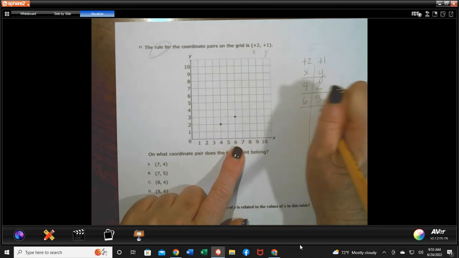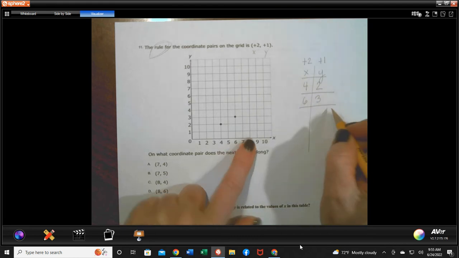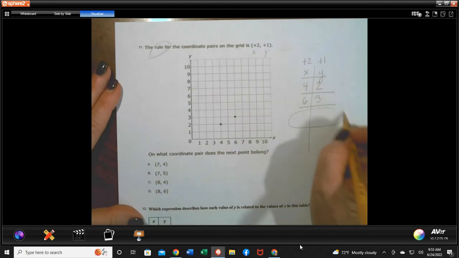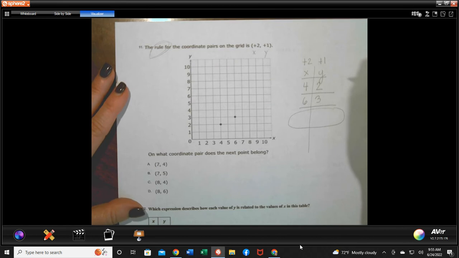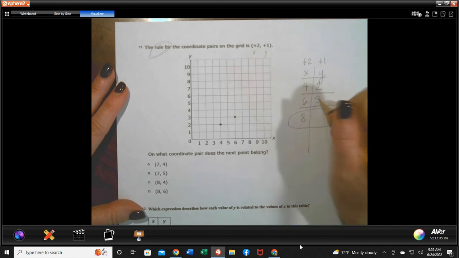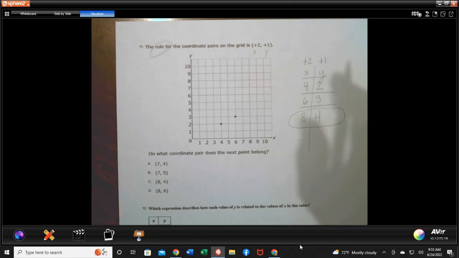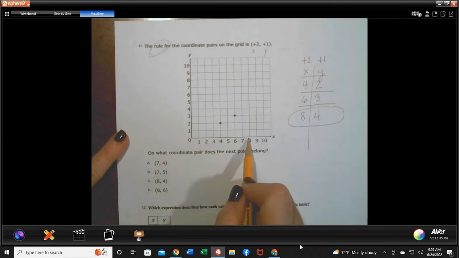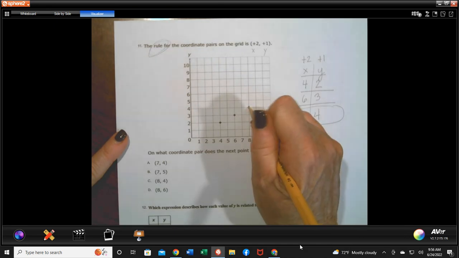All right. And if I look, I want to know what the next point is. If I follow the rule, 6 + 2 would give me 8, and 3 + 1 would give me 4. And if I want to check it, I know that it's going to create a straight line. So if I plot my answer, 8, 4, look at what happens.